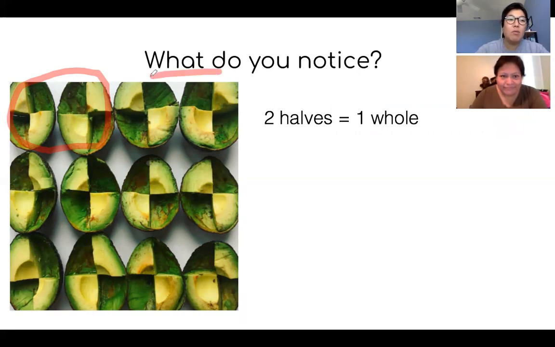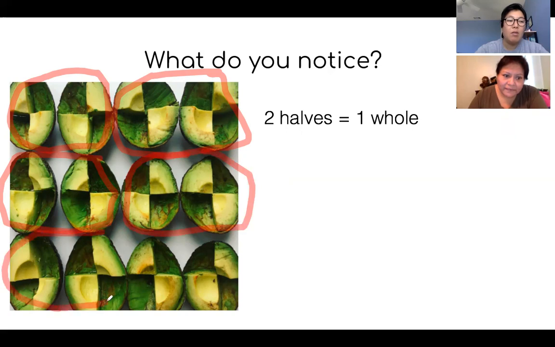Okay, so then we have another two halves that make a whole. Then we have another 2 halves that make a whole. And then another 2 halves that make a whole. And there are another 2 halves that make a whole. Wow. So we have 1 whole, another whole, another whole, another whole, another whole, another whole.